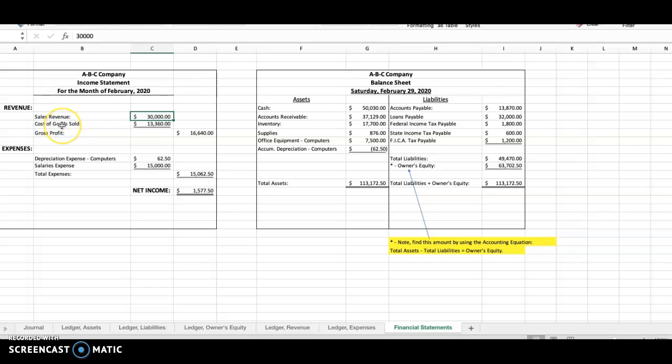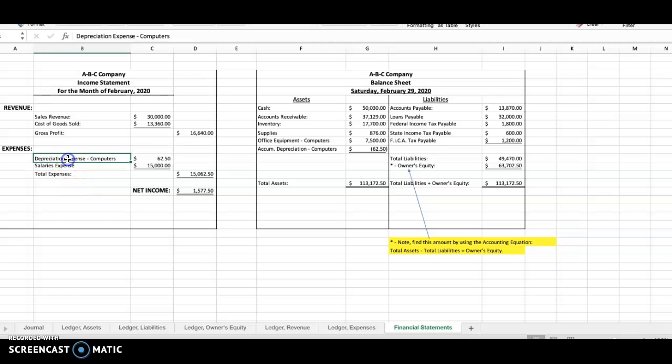Then we have to use the cost of goods sold expense, and on the income statement we label it this way, and we put it in here and then show gross profit. So typically, even though this is an expense, it's shown up here as a deduction from sales to indicate the gross profit.